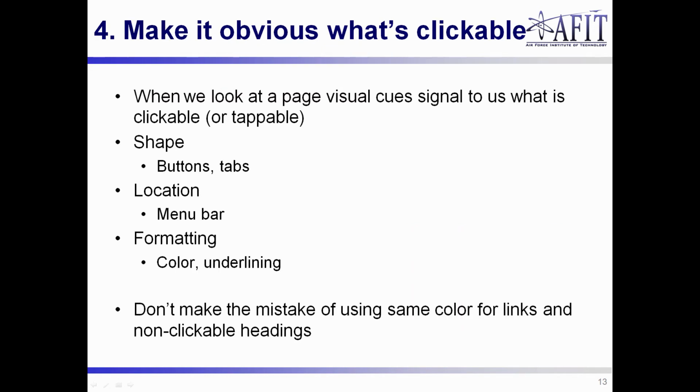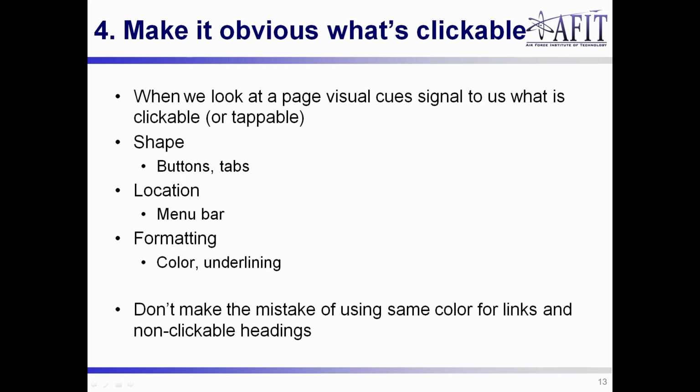The fourth principle is to make it obvious what's clickable. So when we look at a page, the visual cues should signal to us whether or not an item is clickable, or if you're using a mobile device, tappable. Right? And there's a couple of different things that we can do.